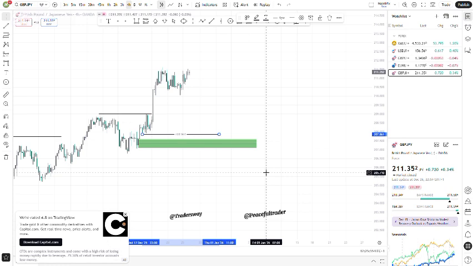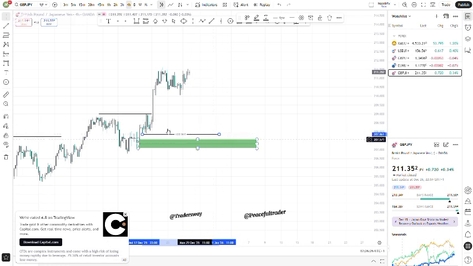The rule of liquidity is when a sell side liquidity is being taken, and it's being swept out, you wait for a buy confirmation to take a buy trade. When a buy side liquidity is being taken, pen this down, you wait for a sell confirmation to take a selling trade.